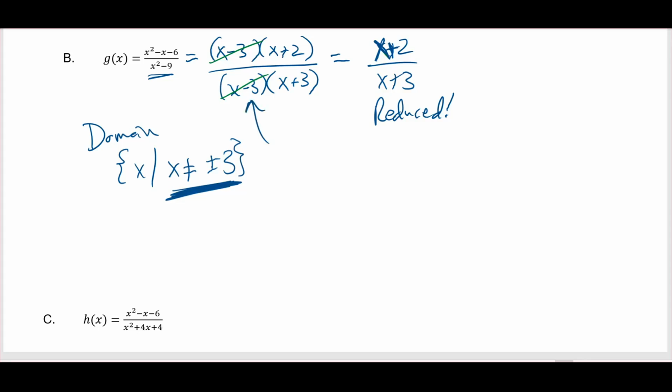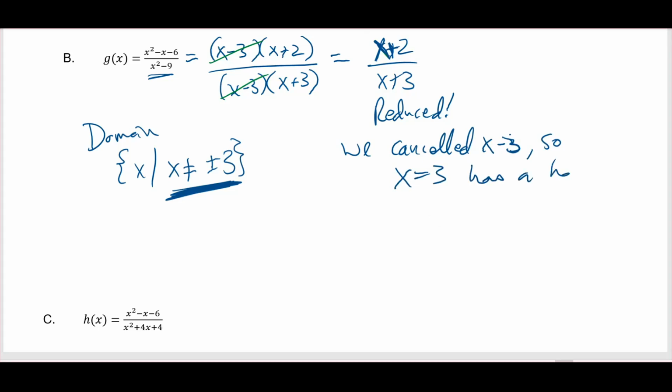So we can still have x equal 3 in the reduced one. So we canceled x minus 3. So x equals 3 has a hole in the graph.